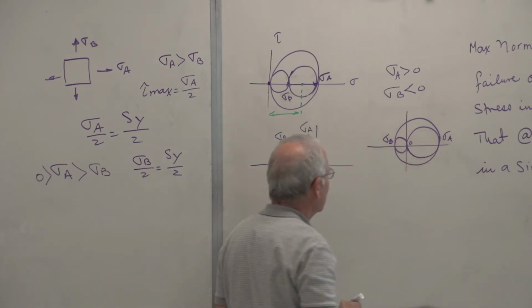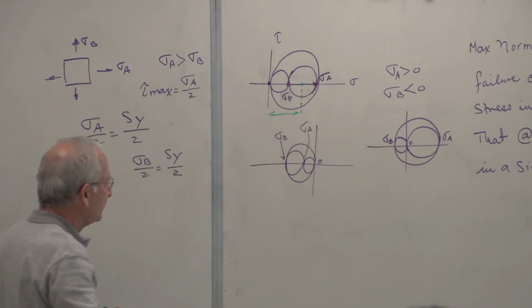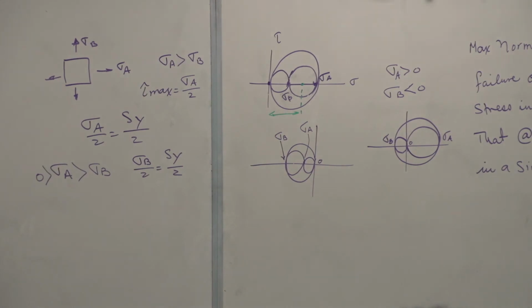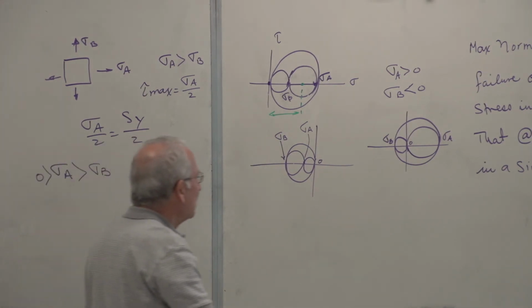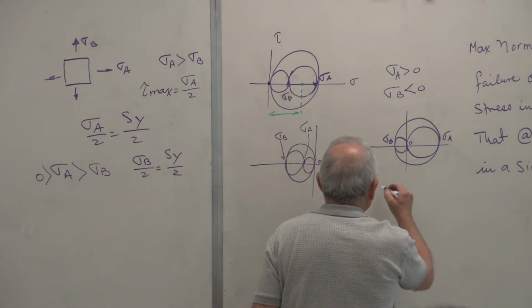And there's your third principal stress. Now the maximum shear stress is the radius of the largest Mohr circle.